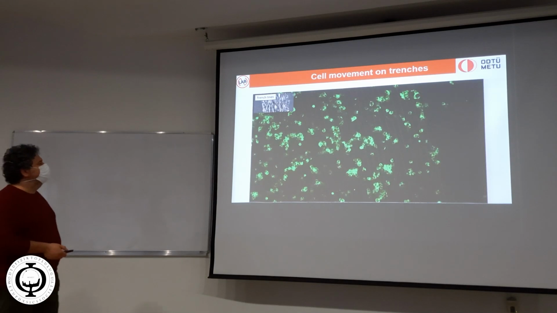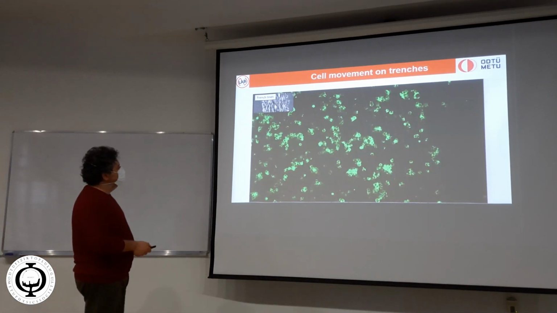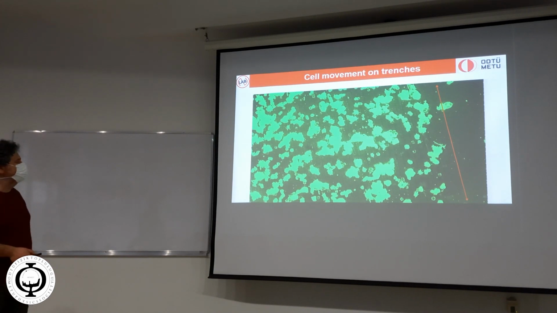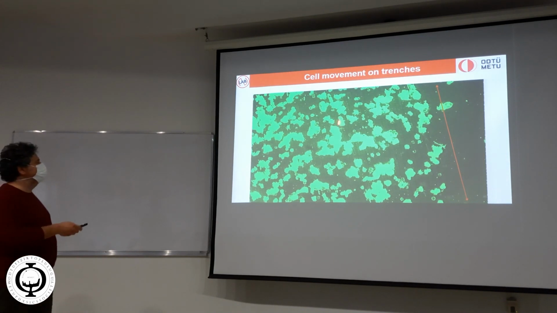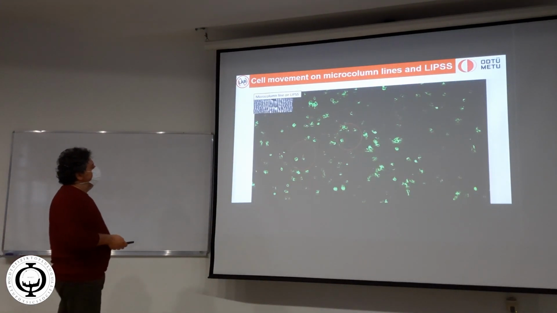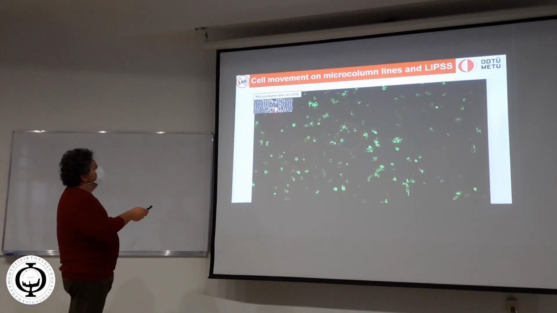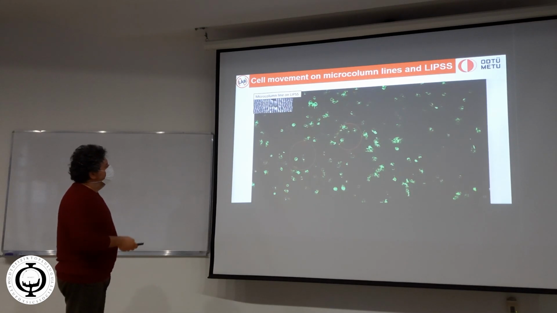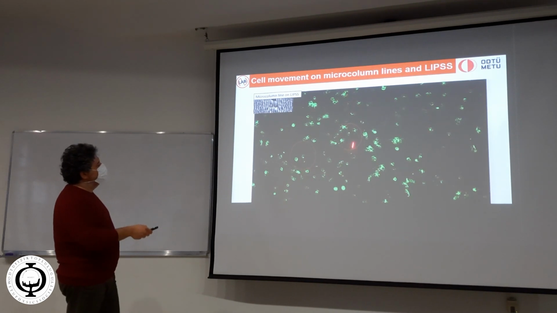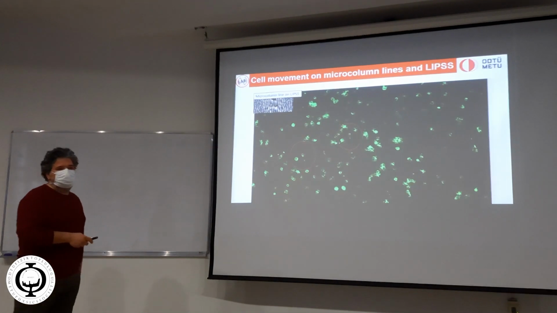Now you compare where the lines are. These are where the lines are. If you boost the sensitivity of the camera, you can see the actual laser-engraved trenches. Then take a look at the microcolumn alternating lips pattern. What you see here, some cells are moving directionally in a fast fashion. Some others are fixated, they don't move around, they don't explore much.